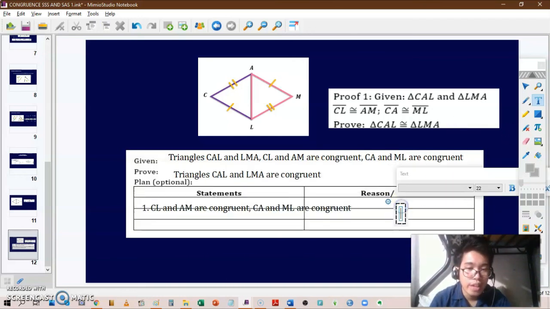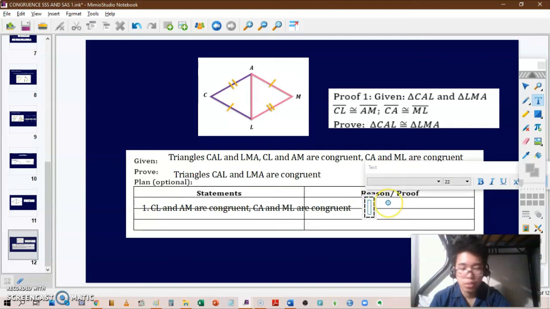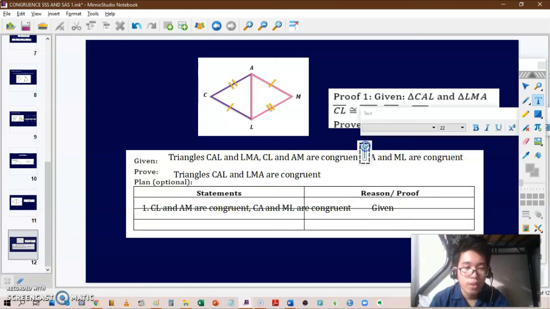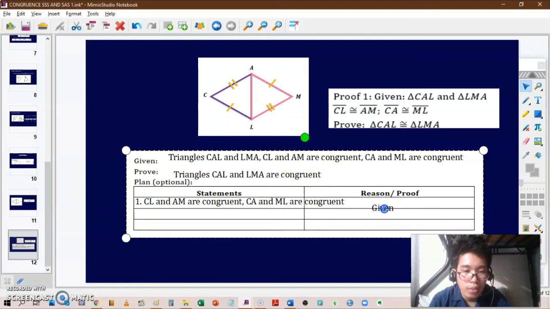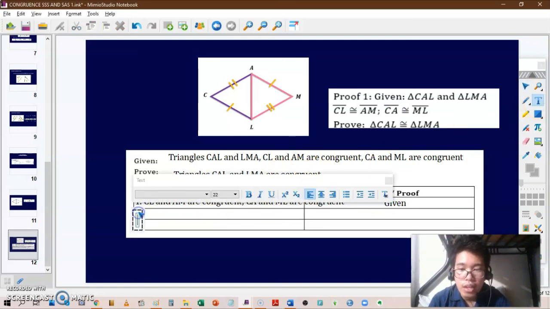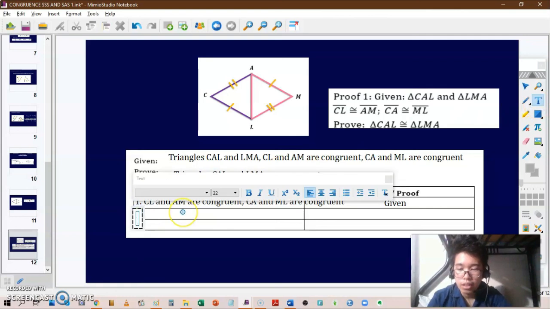The reason for that would simply be given. Let's arrange those. For number two, we can say that line segment AL is congruent to line segment AL also.